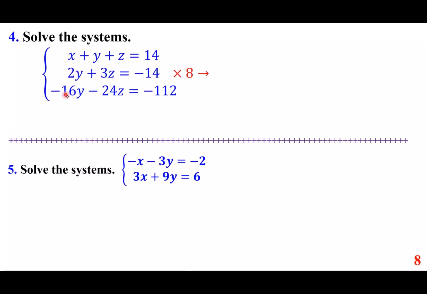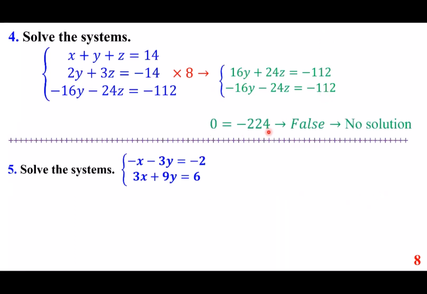So when I multiply this one by 8 and I keep the third one intact just the way it is, I'm repeating the third equation. The second equation I multiplied by 8, they cancel each other, becomes 0. And this is minus 224. This is a false statement, therefore no solutions. There are no solutions.